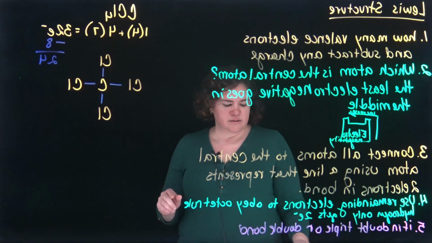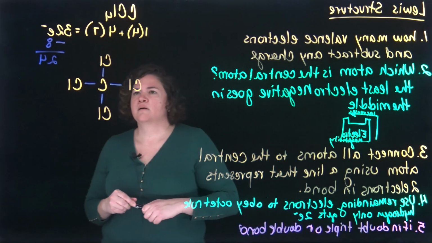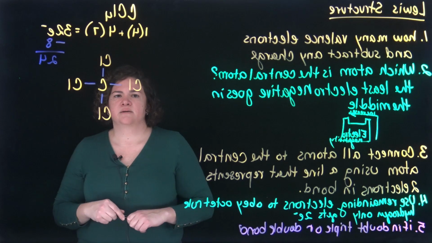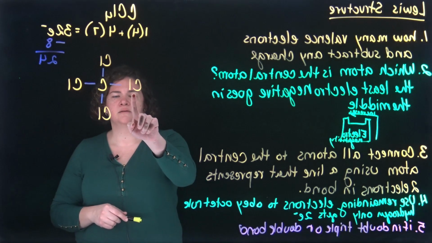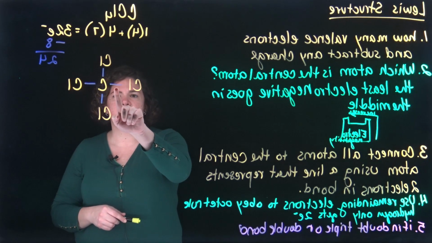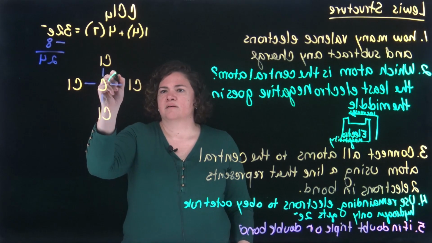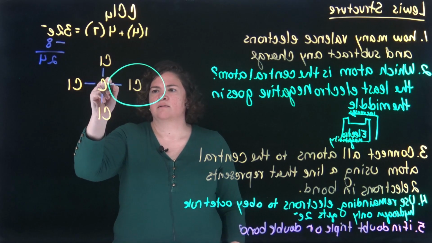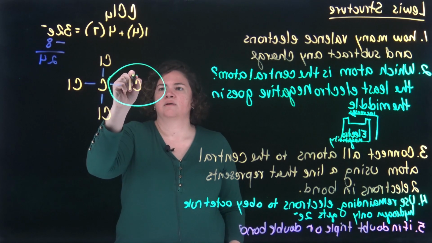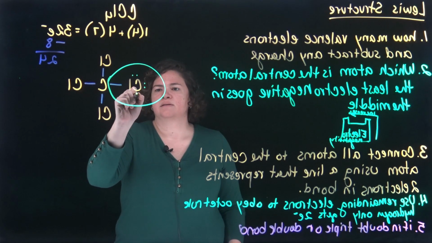Then you want to fill in to complete the octet rule. When you look at the chlorine, it currently has 2 electrons connected to it. So looking at chlorine, there is 2, 4, 6, 8.